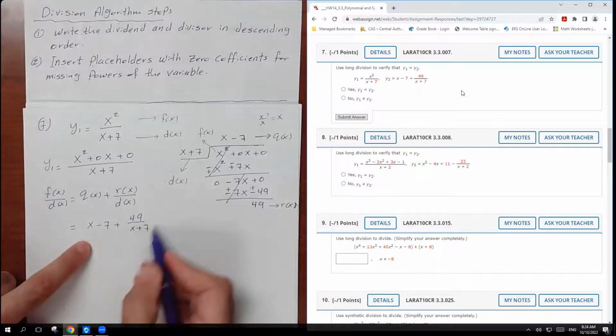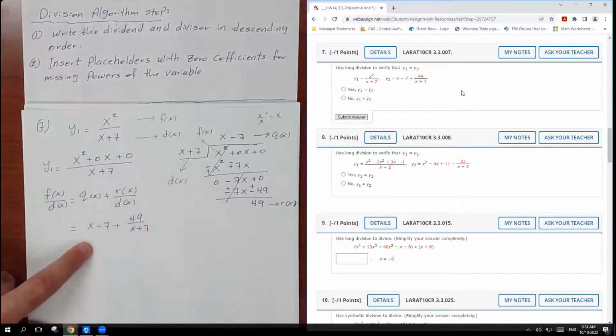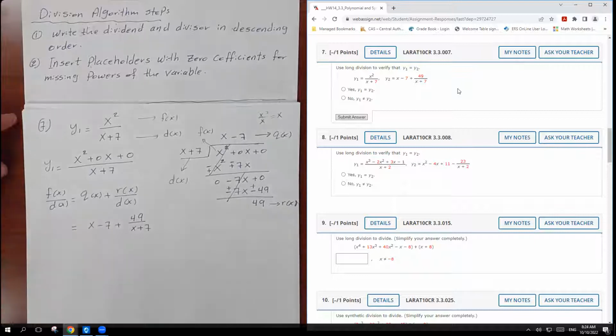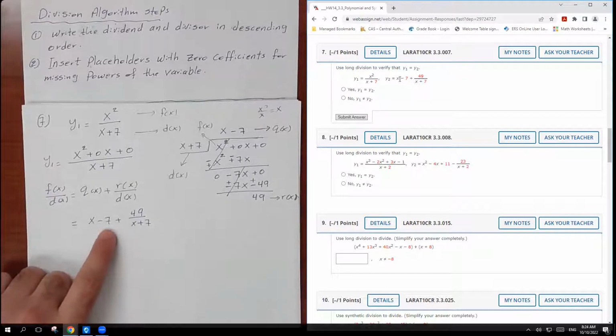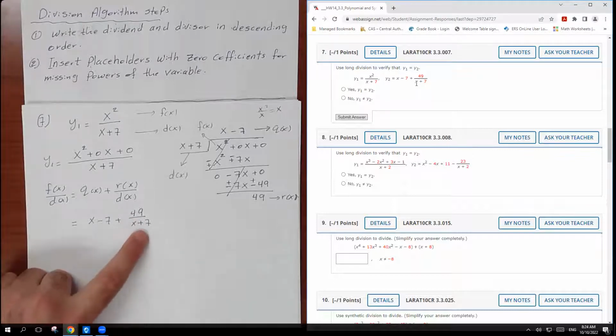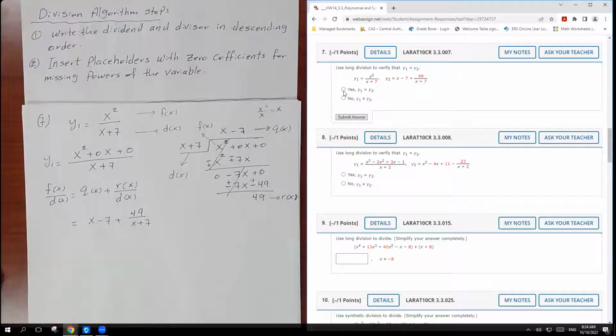If you look at this one, it's exactly like y2. If you look at y2, it's x minus 7 plus 49 divided by the divisor, which is x plus 7. So that's it for this example. I'm going to say yes, y1 equals y2.